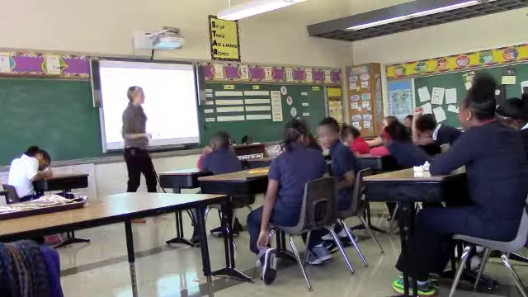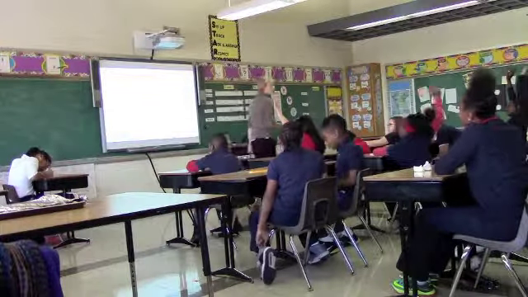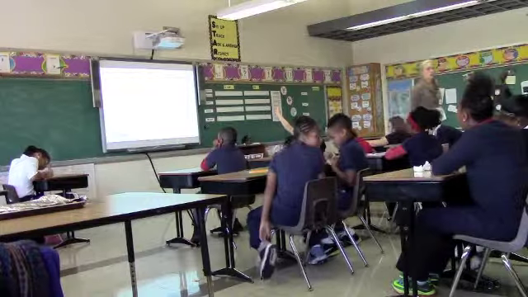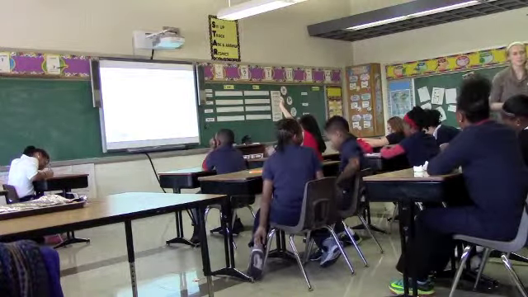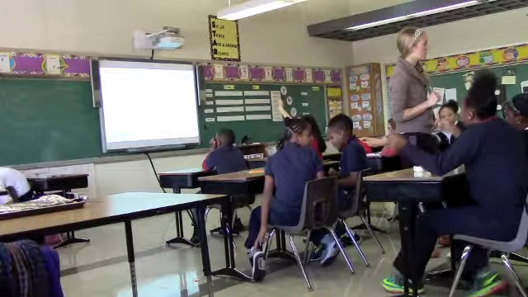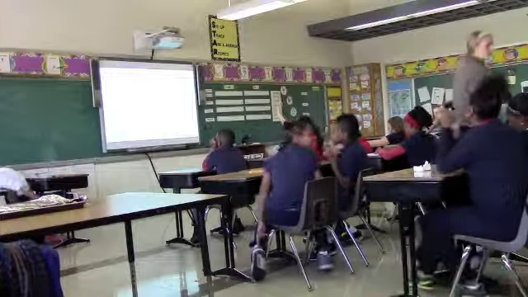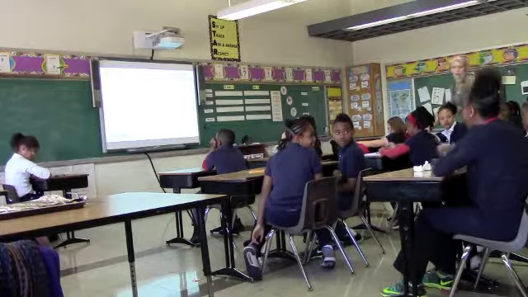All right, so now what do I do with this 5? I found the GCF, and that is 5. Terrence, what do I do now? Oh, I'm sorry, Peggy. What do I divide? Numerator?